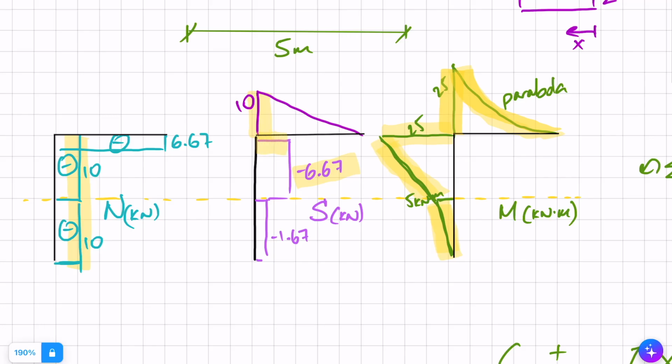And again, this 6.67 and this 6.67. So what was the shear direction has become the axial direction, and what was the axial direction has become the shear direction. Also, a straight line, because we are just a function of x, UDL, function of x for our shear, and a function of x squared for our moment.